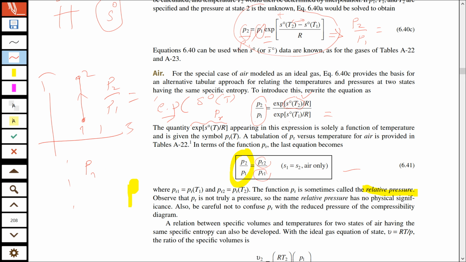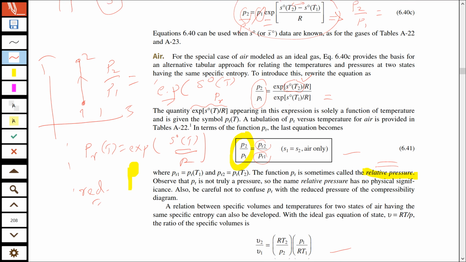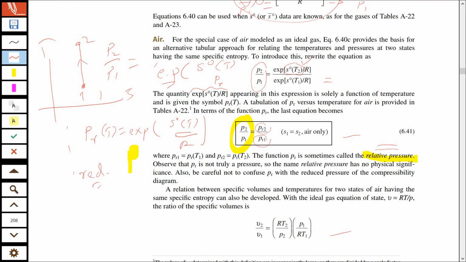So this PR of T, which is the exponential of s naught of T divided by R, is just given the name relative pressure, and this should not be confused with reduced pressure. Reduced pressure, they also use the symbol R, but I think it's different.